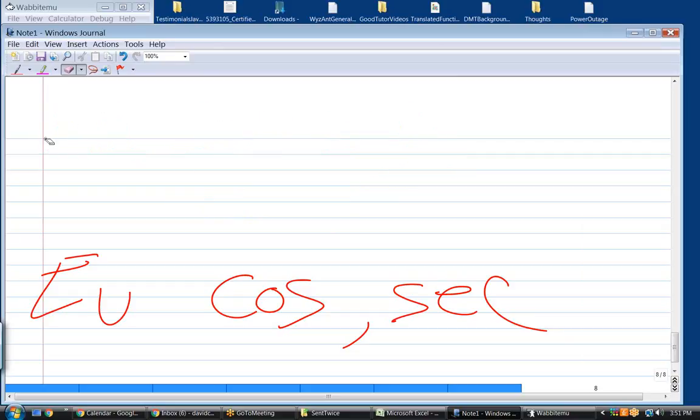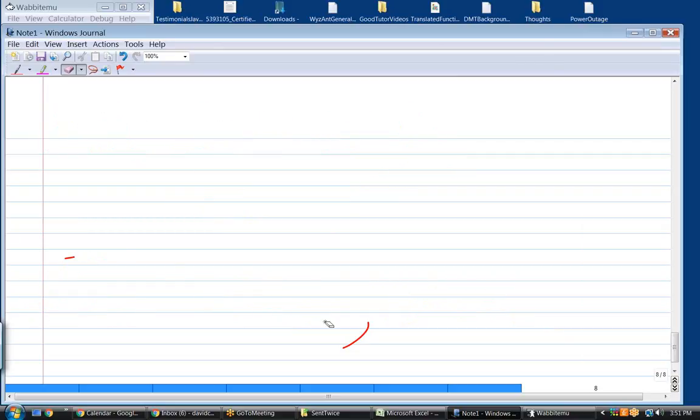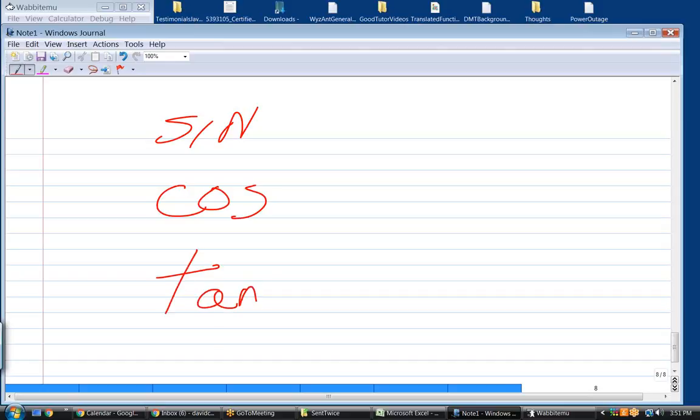Let me give you an easy way to memorize these. Really easy. We have our 3 primary functions. What's the reciprocal of tangent going to be? Cotangent. Which means we only have to figure out whether sine goes with secant or cosecant, because the other one will go with the other one.